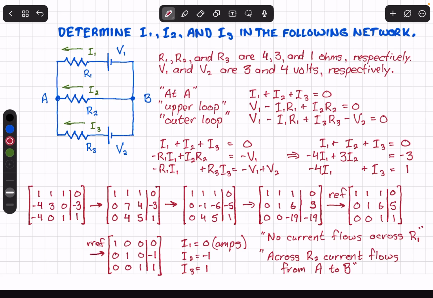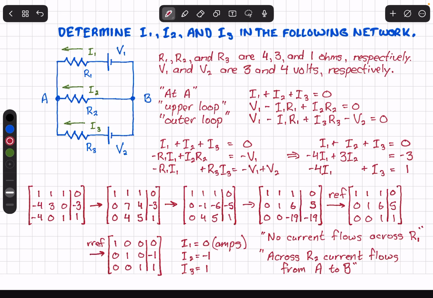It doesn't mean there's no current flowing out of A. That just means our setup shows no currents flowing out of A. We'll determine what's flowing in and out in the end when we finish. We could write the same equation at B. Incoming at B is 0. Outgoing at B is I1 plus I2 plus I3. So at B or at A, we get the same equation.